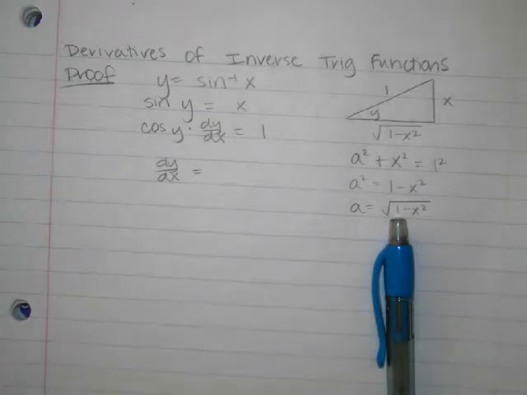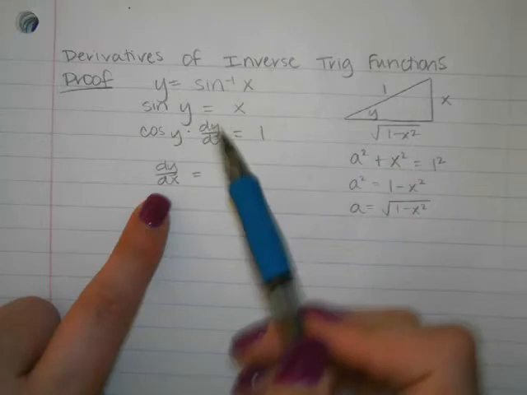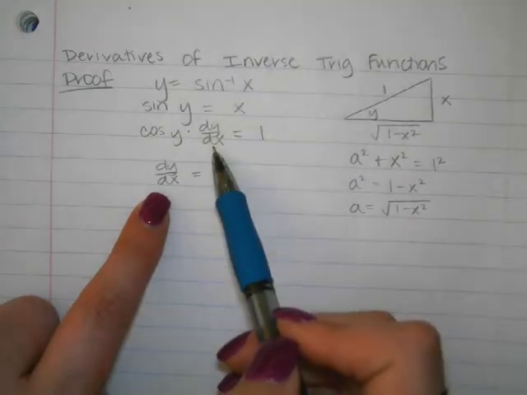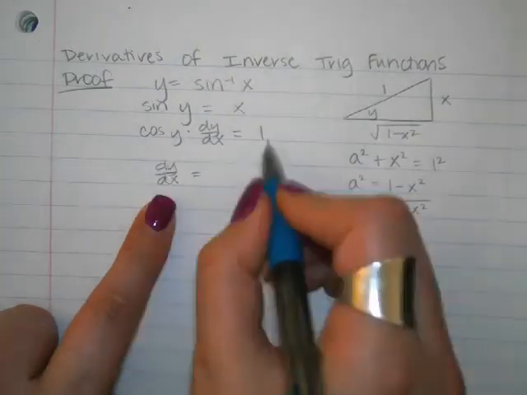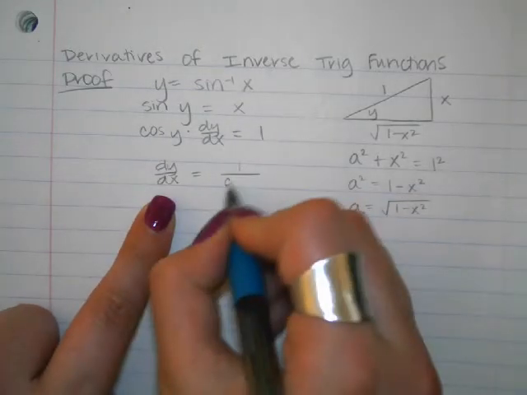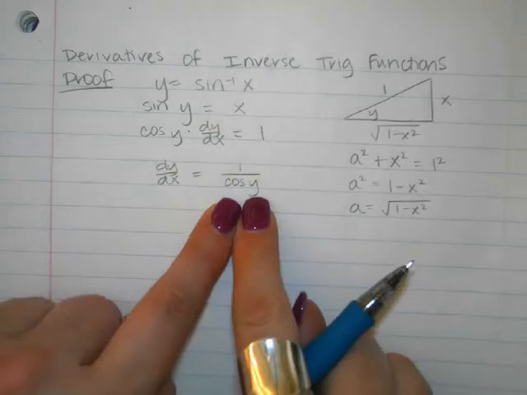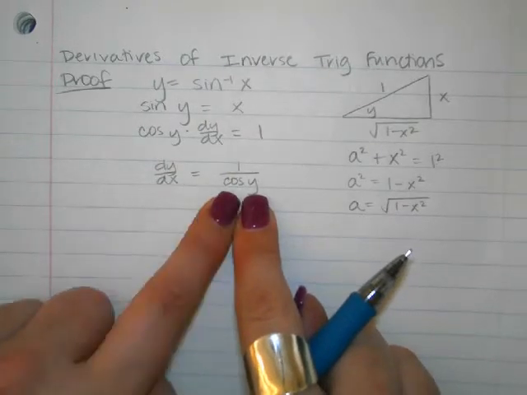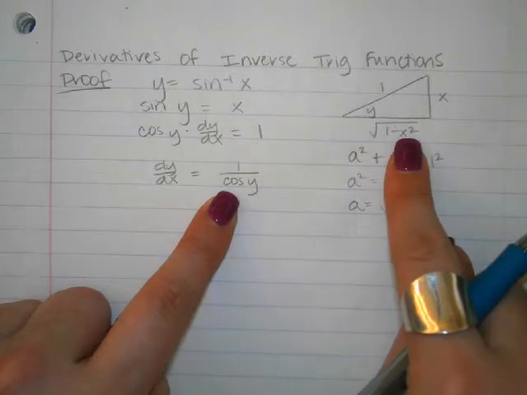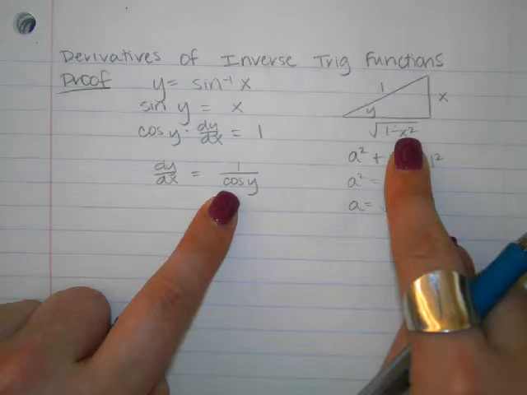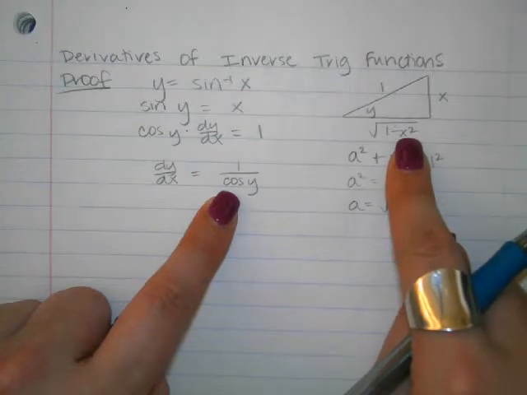Some people did. Okay. So if we get the dy dx alone, what do we have? 1 over cos, right? You would divide the cos over. Now we know that this is the derivative, and we look at our triangle and figure out what cos y would have been. Cos is adjacent over hypotenuse, right?